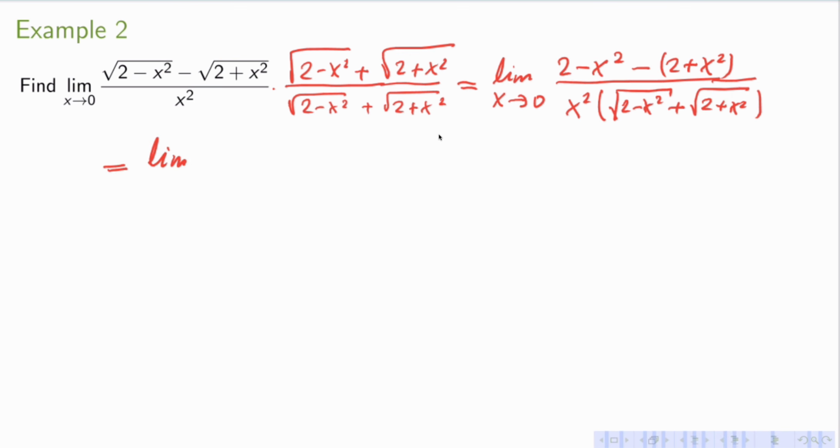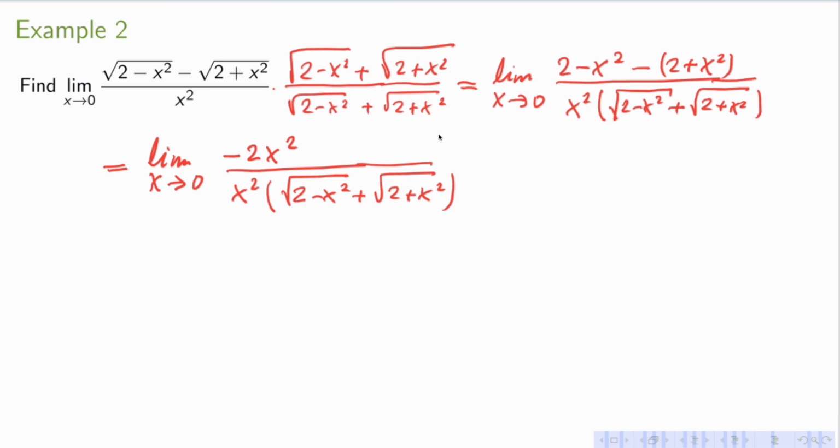So the 2's cancel, 2 minus 2 is 0. And then we have minus x squared minus another x squared. So we have minus 2x squared divided by x squared times this long thing. And now in the next step, the x squared factors cancel.